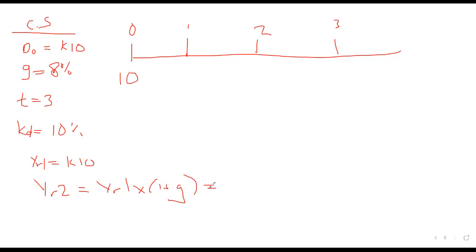The growth rate is 8%, so 8% is 1.08. So the dividend for year 2 will be 10.8 kwacha.